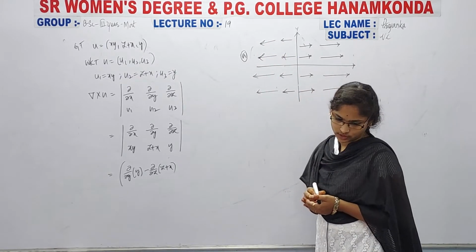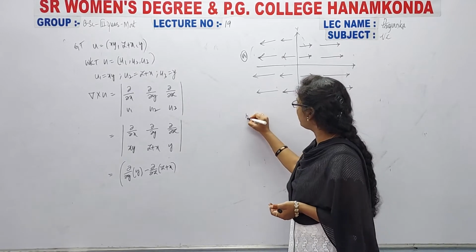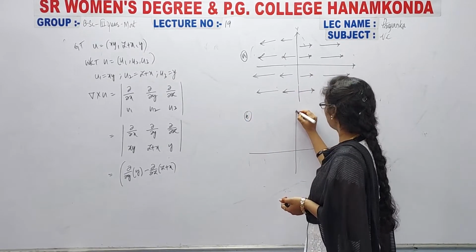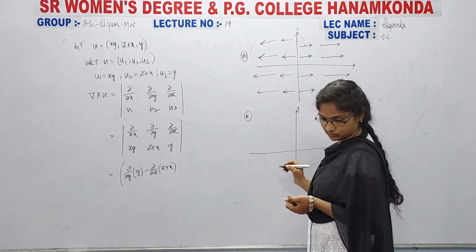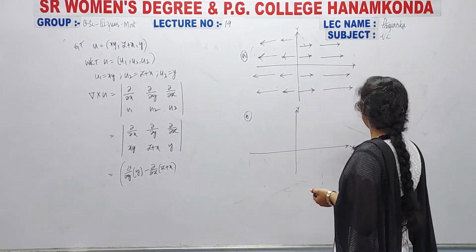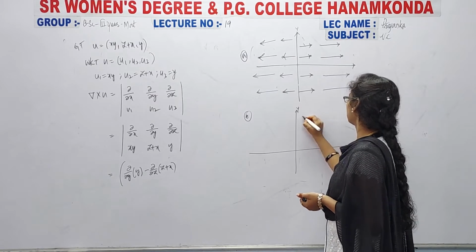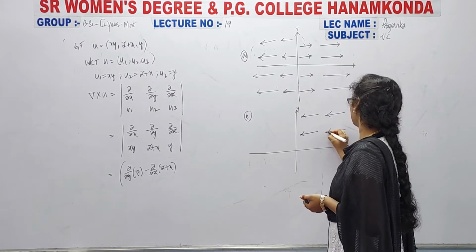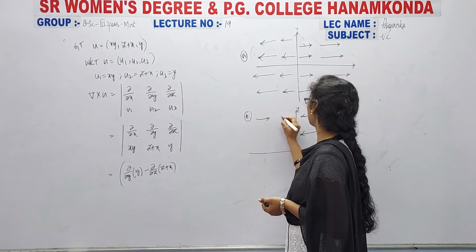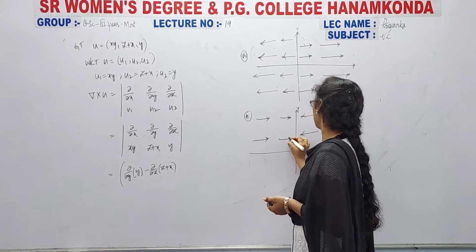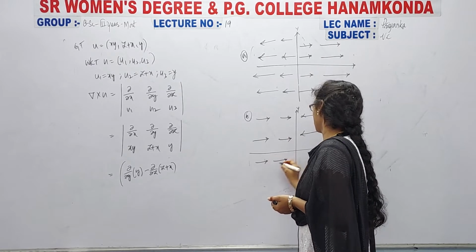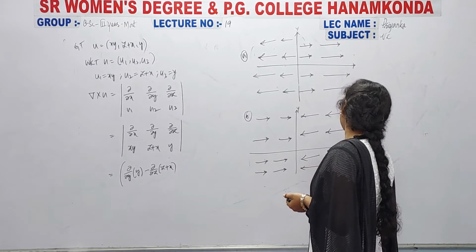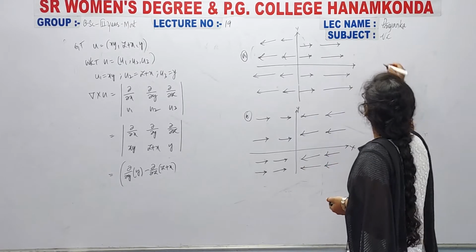Okay, this is A1 and B1 is... see the direction, that's it. And a C1.